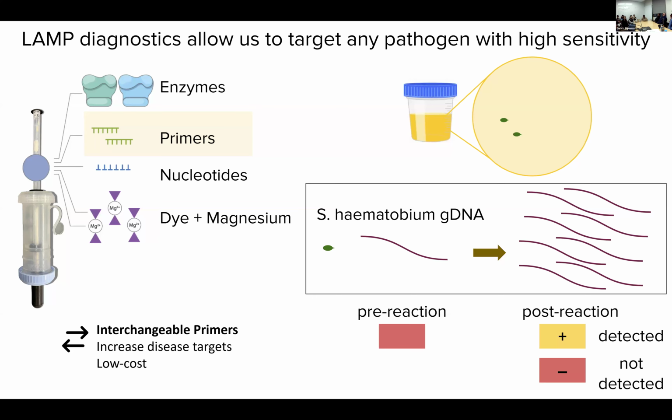In our case, the dye we're using will detect zinc. As the reaction proceeds, the zinc is pulled out of the reaction by pyrophosphate, which is a byproduct of DNA synthesis. As the zinc ions are pulled down and are no longer free in solution, the dye will change color to yellow.